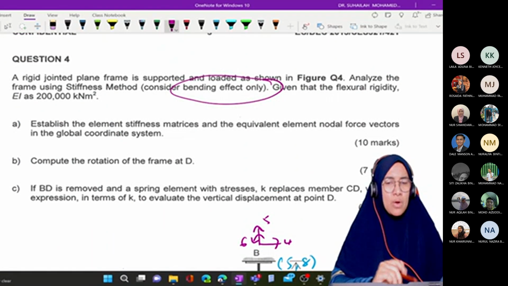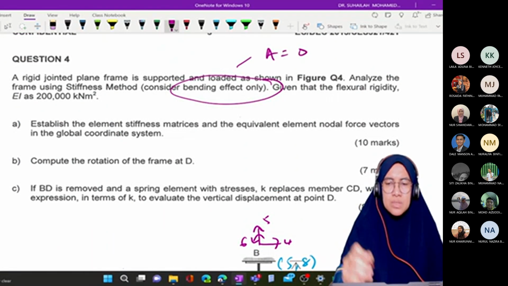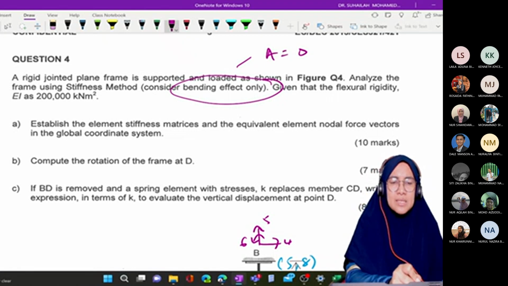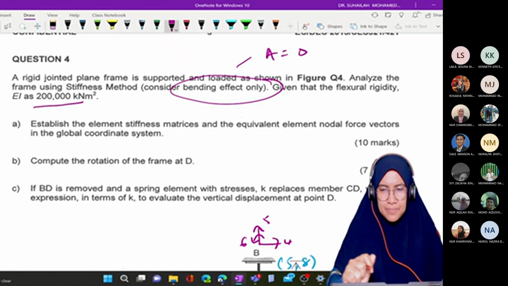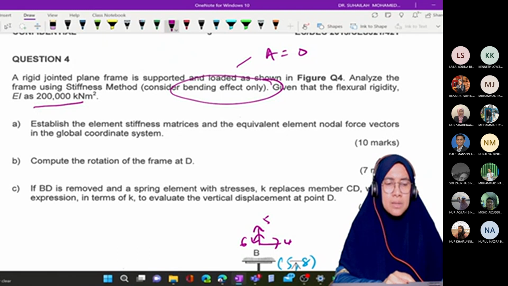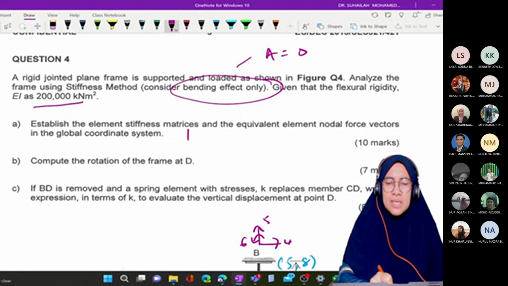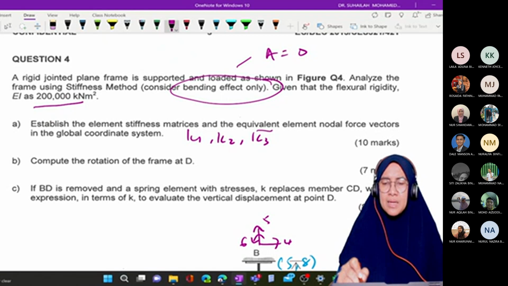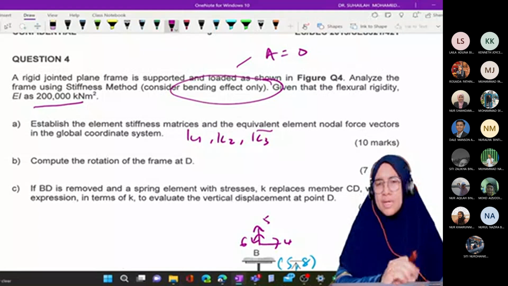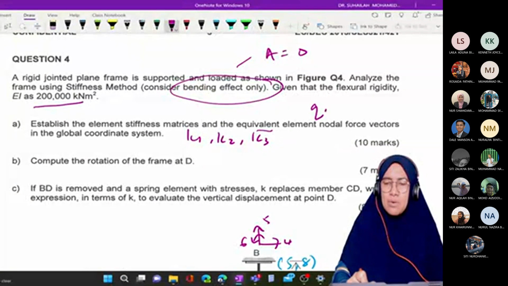The question is: consider bending effect only, meaning A is equal to 0, and EI is given as 200,000. Question A: establish the element stiffness matrices, meaning K1, K2, and K3, and the equivalent element nodal force vectors in the global coordinate system, Q1 naught, Q2 naught, Q3 naught.